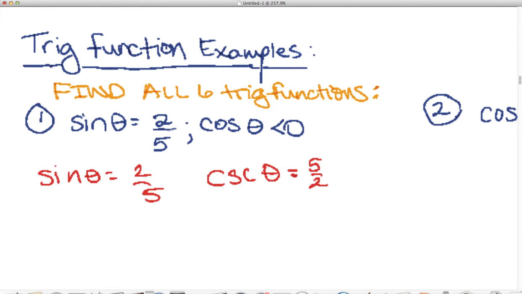So let's go ahead and do that off to the side. Sine is opposite over hypotenuse, so we know it's going to be 2 squared plus missing leg squared equals 5 squared. So that's 25 minus 4, and b is going to be equal to the square root of 21.